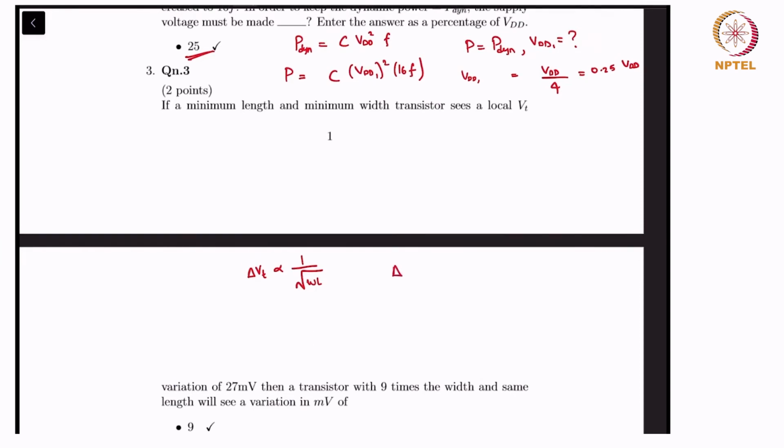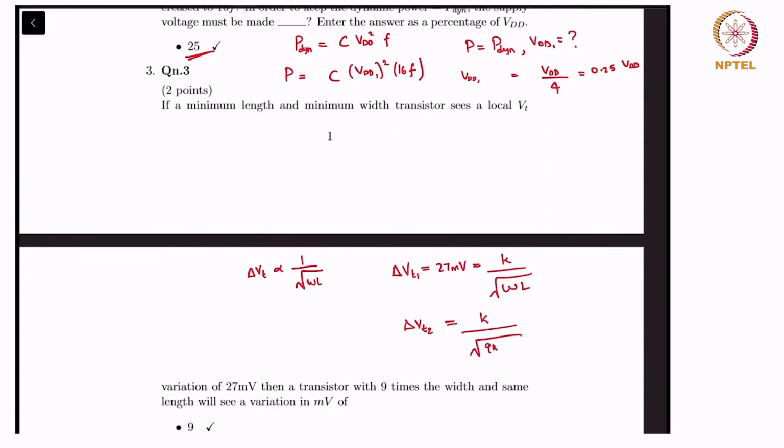So what we are saying is delta VT1 is equal to 27 millivolt, which is equal to some constant of proportionality K over the square root of WL.